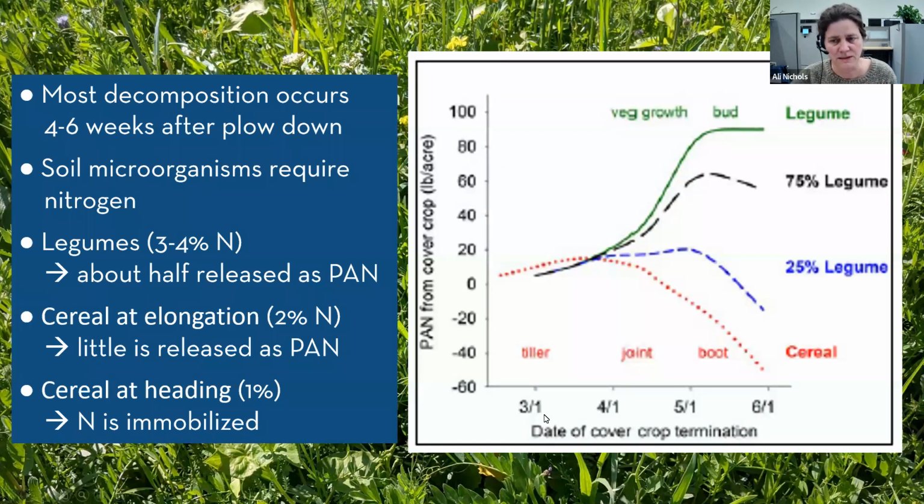And then, of course, when the cereal reaches the boot stage and starts to head out, its nitrogen levels drop to, say, 1%. At that point, nitrogen is actually immobilized, because the microbes are scavenging nitrogen from the soil to do the work of decomposition. So the availability of nitrogen goes negative.